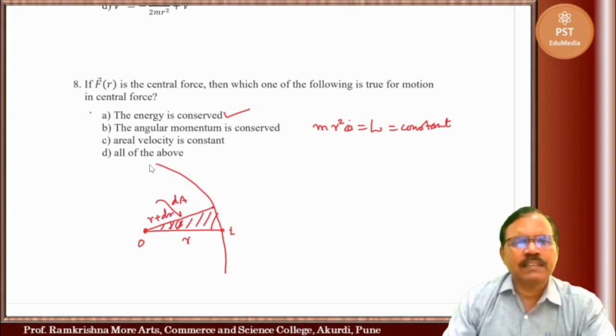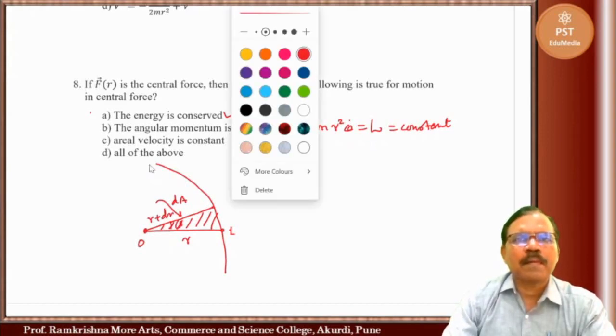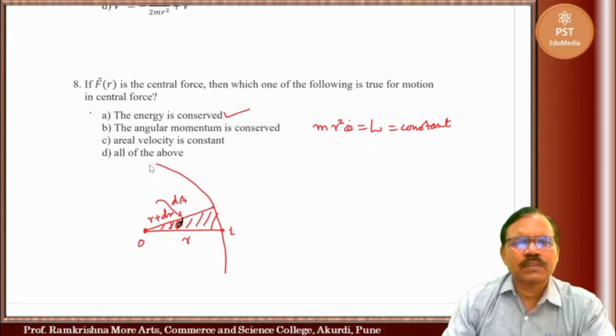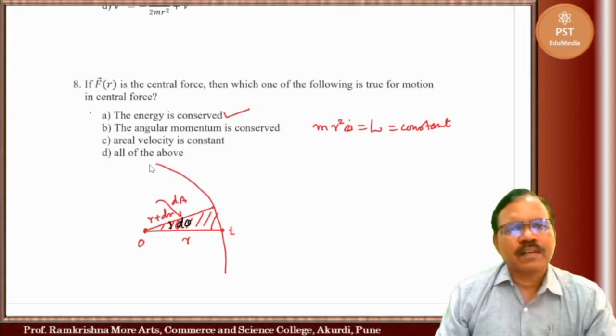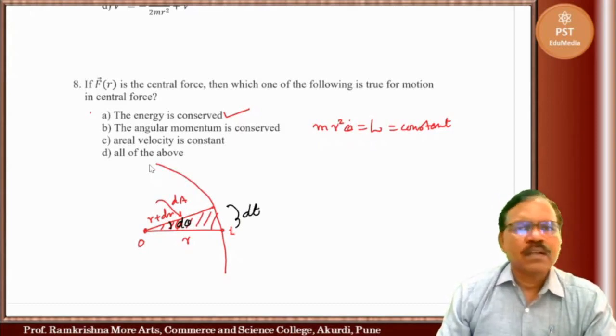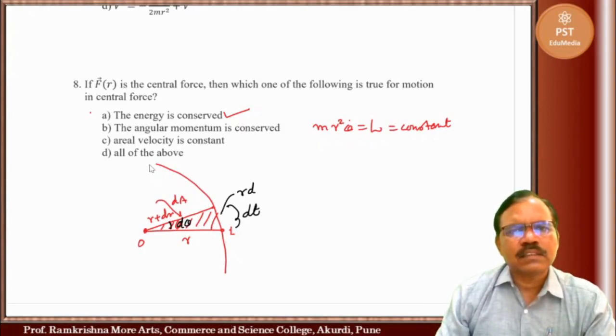This angle is theta, meaning here this angle is suppose d theta. Then we can find, suppose the particle goes from this to this in time dt, so this one is r d theta and this is r.